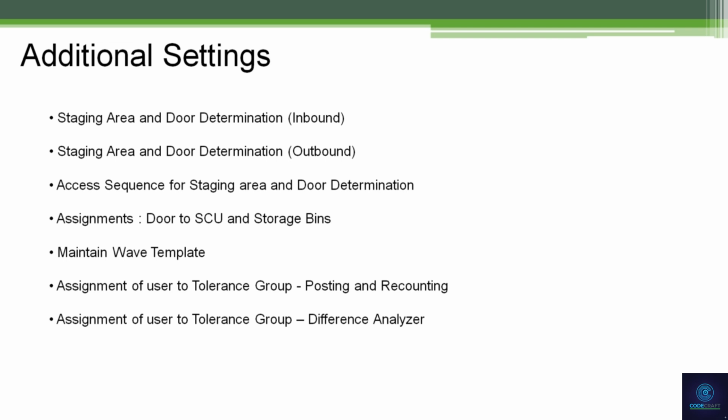In order to post a physical inventory document and post entries in the difference analyzer, we should be assigned tolerances. We are going to make sure the user ID that we are going to use for testing the physical inventory process has the required tolerance group assigned to it.